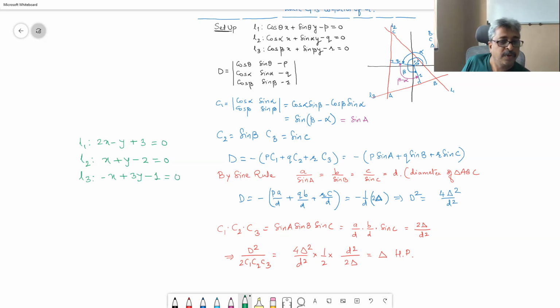I hope they are not concurrent. I hope they have some area. Find delta of the triangle formed by L1, L2, L3. Okay, your time starts now.